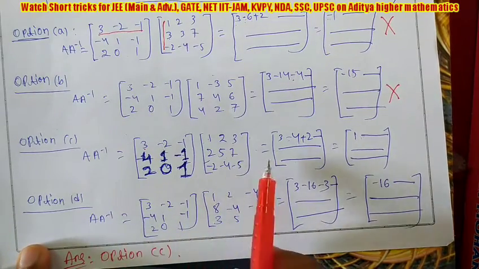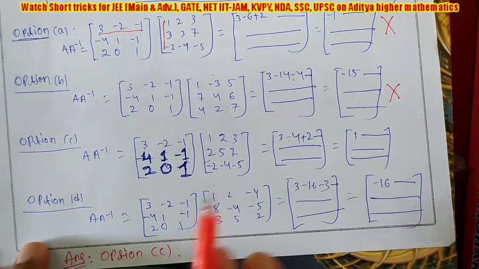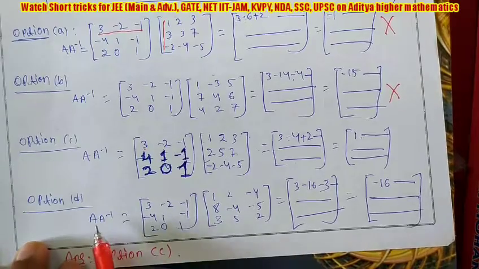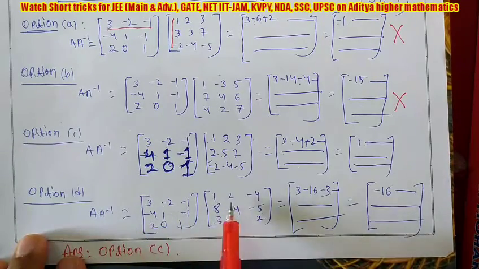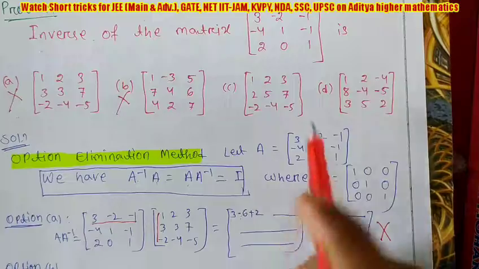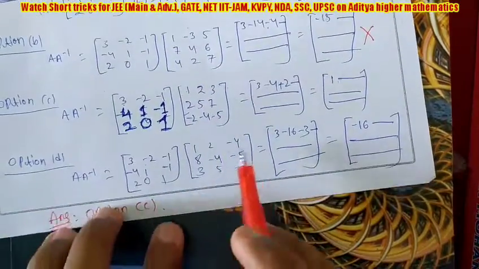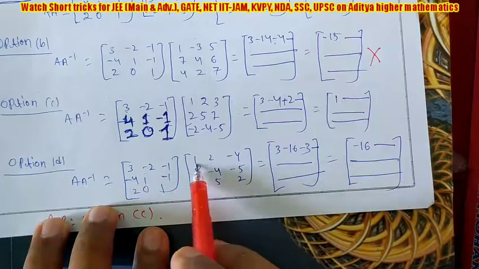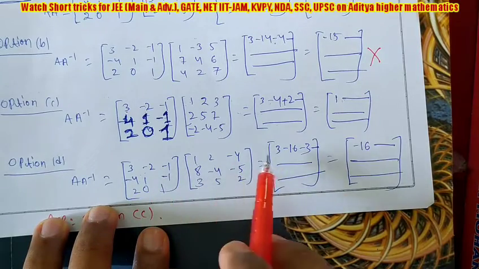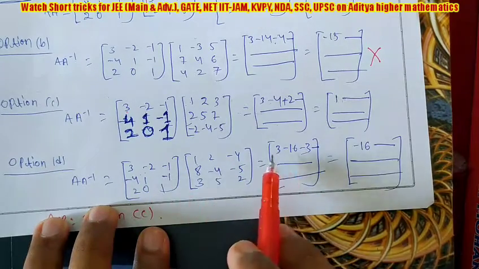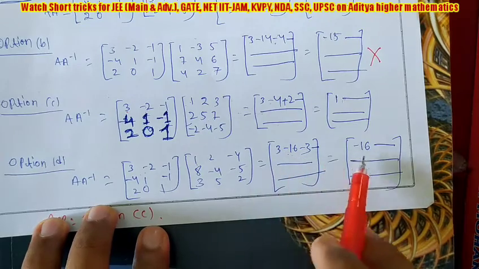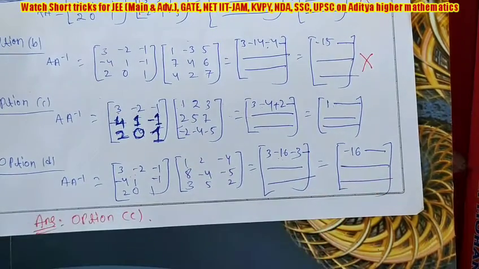So when we are getting one element, stop there and see what about option D. Because when you find the full product, it will take time, so no need for this. First we will observe option D, what is coming. A right and A inverse right. A inverse means we are writing option D to check whether we are getting I or not. 3 multiply 1 is 3, minus 2 times 8 is minus 16, minus 1 times 3 is minus 3. 3 minus 16 minus 3, yes, minus 16 is coming.